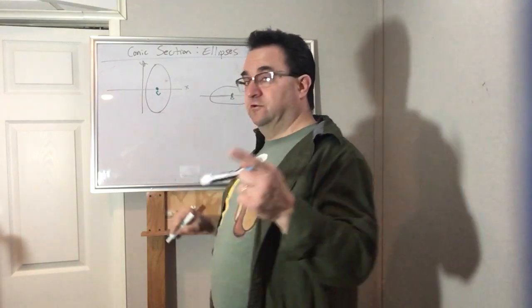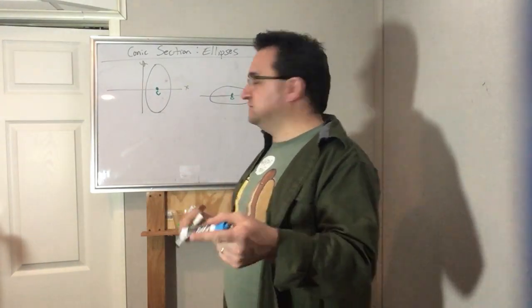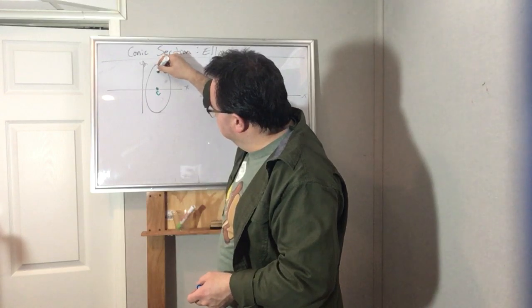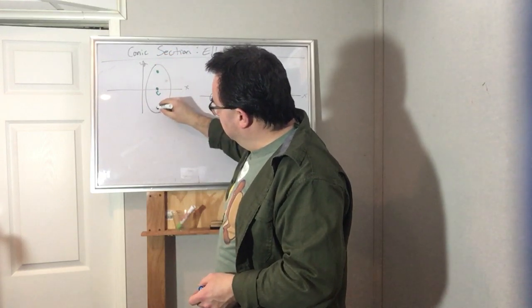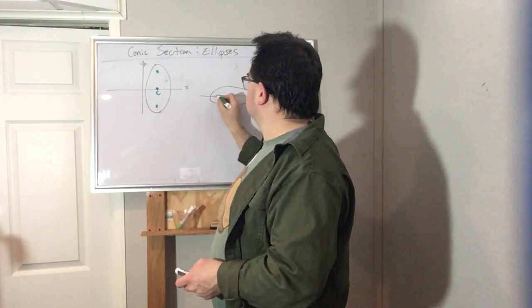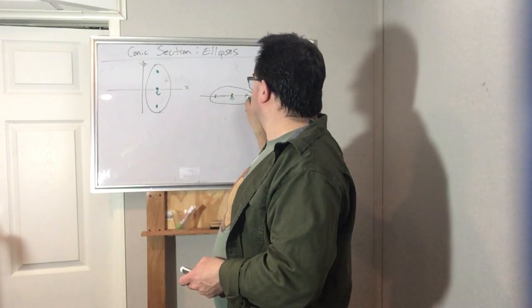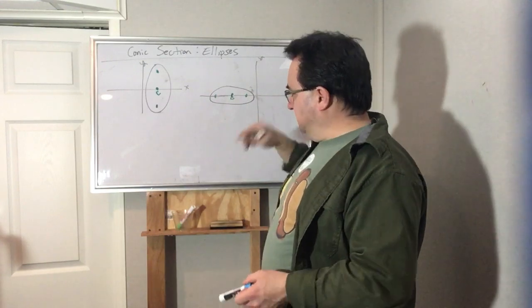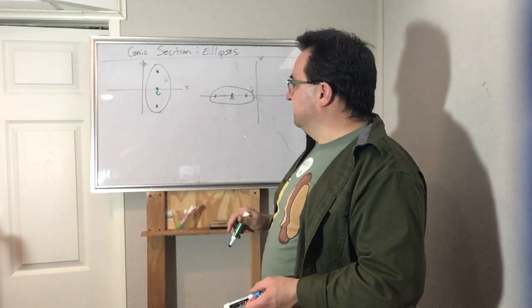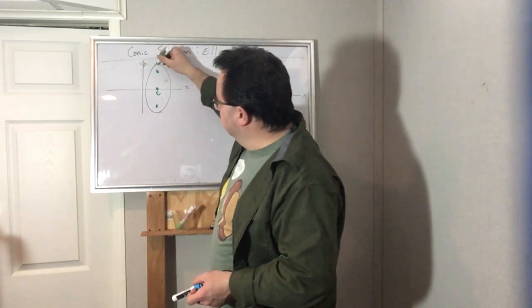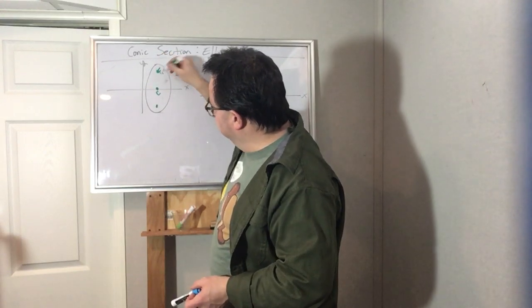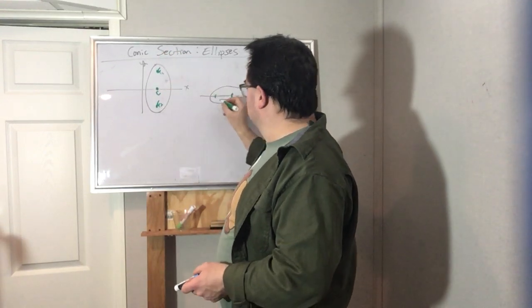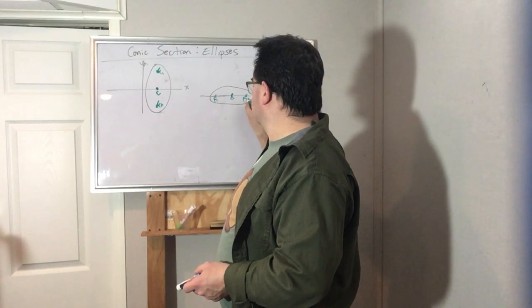And then there are two focuses. We say foci or foci. I hear it pronounced both ways. So they'd be somewhere like that. I got to do a little more explaining. Then we have focus 1, focus 2.